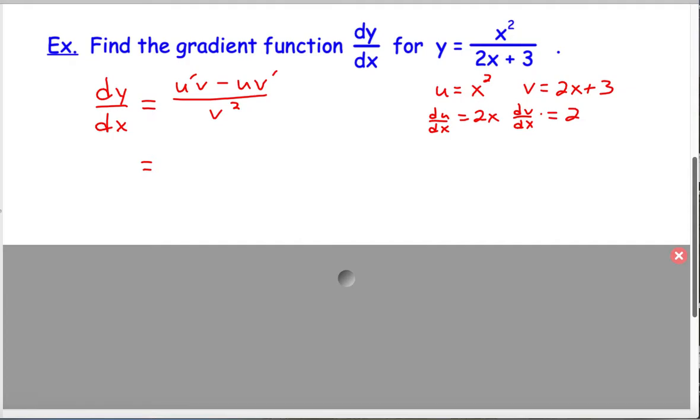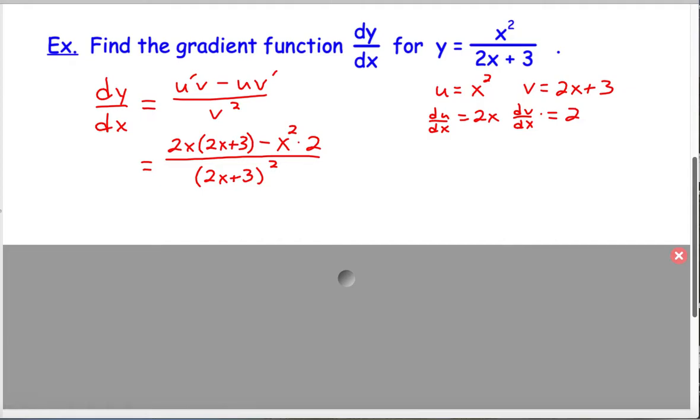So the derivative of u is 2x times the second function, which is 2x plus 3, so I'll put that in parentheses, minus the first function, which is x squared, times the derivative of the second function, which is 2, all over the second function squared, so 2x plus 3 squared.